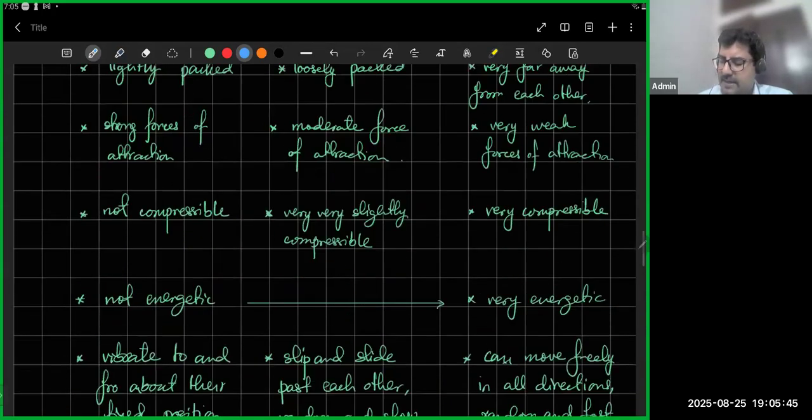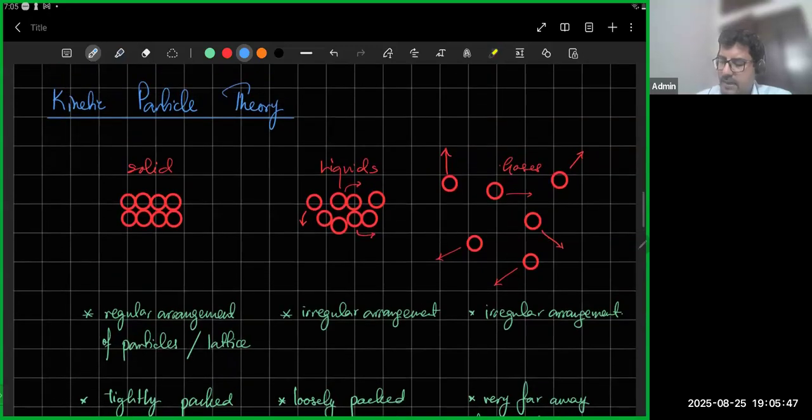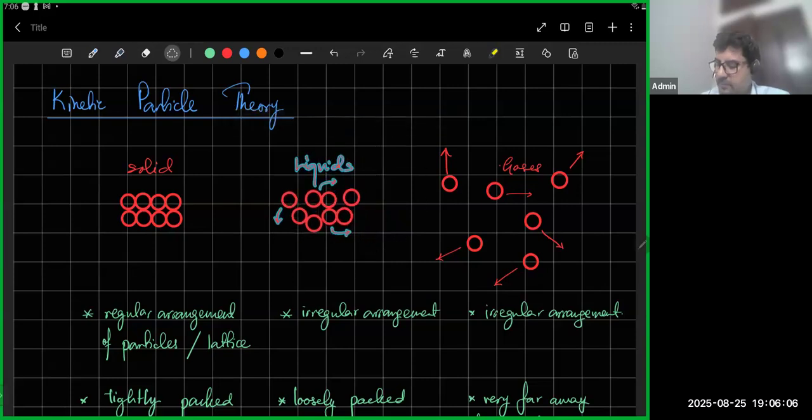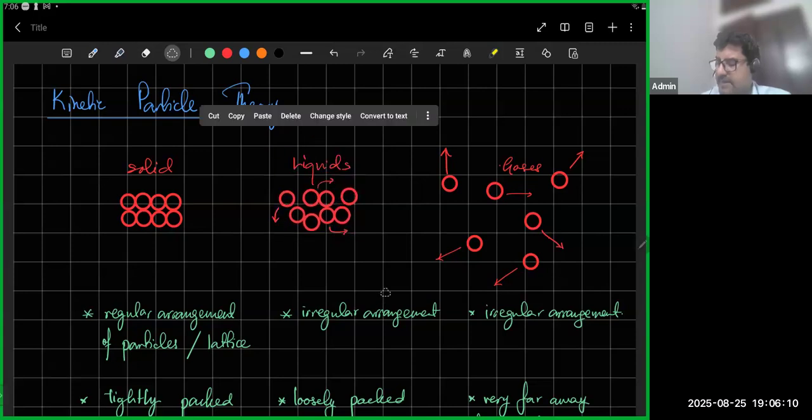So basically, solids don't have any energy. Liquids are slightly energetic, so they start moving around slightly, just slip and slide. When they get a lot of energy, they start moving around freely in all directions. So you've got three states: solids, liquids, and gases.